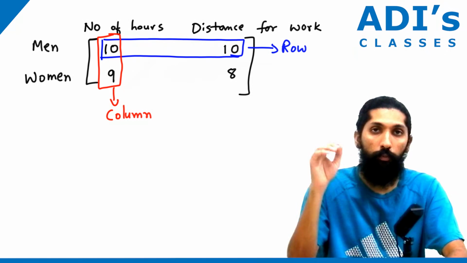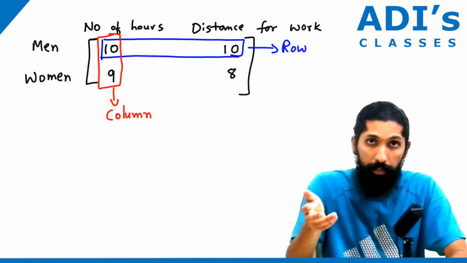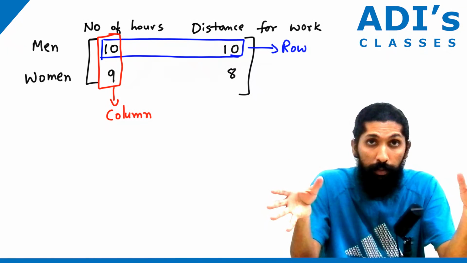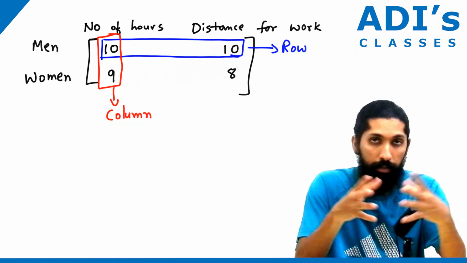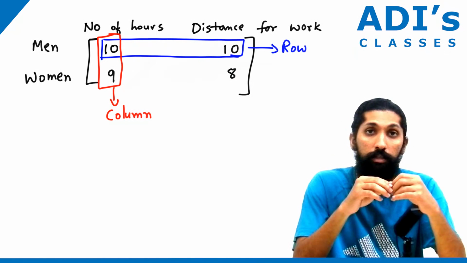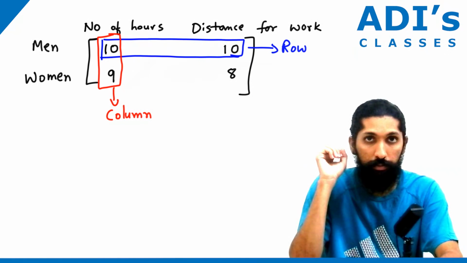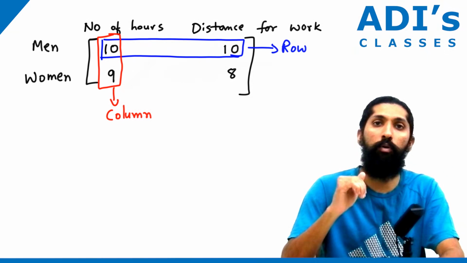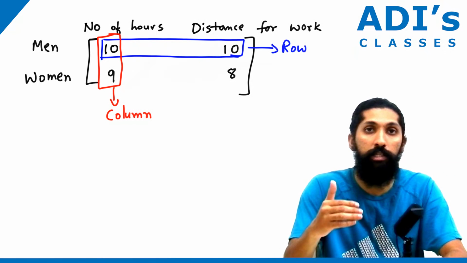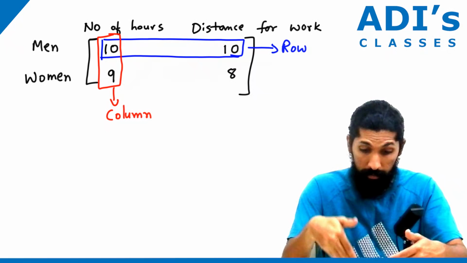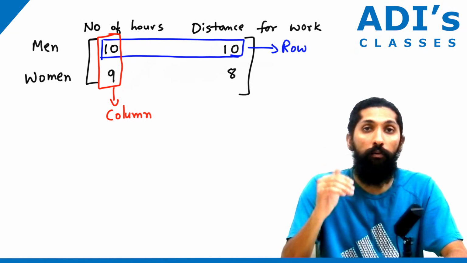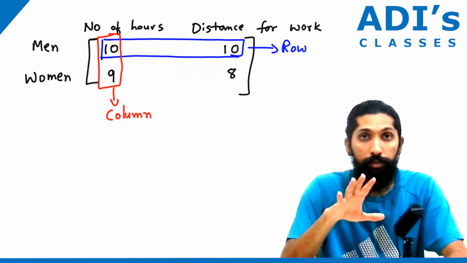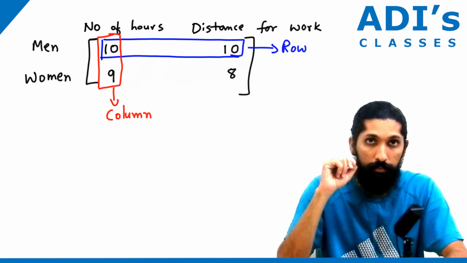Once you understand what a matrix is, a rectangular arrangement of numbers or an arrangement of data, let's try to understand where matrices are used. Let's start with the most basic thing, representation as a table, like the example you're seeing right here. That's a matrix.